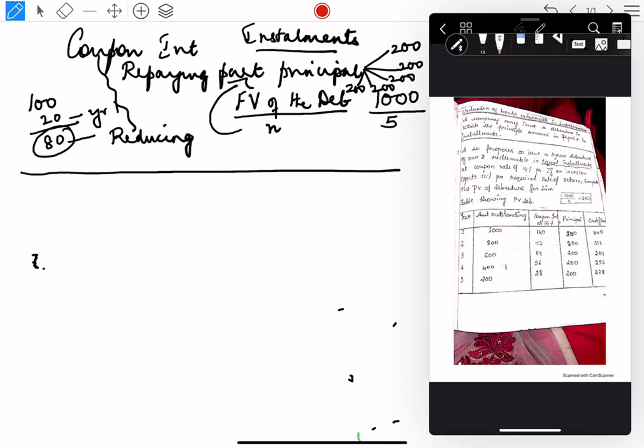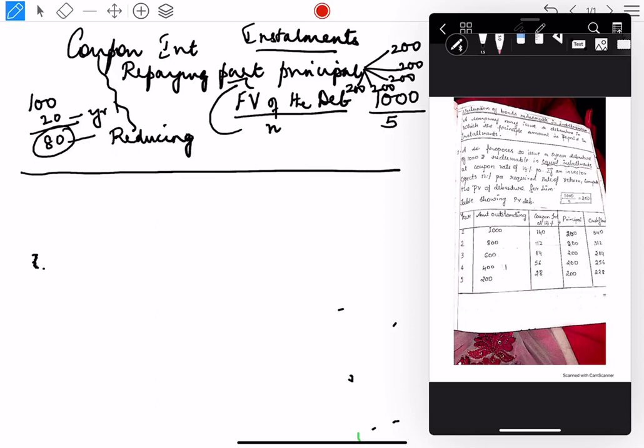So that would be 14% on 800. 14% on 800 would give you around 112. So 112 plus 200 would give you the cash flow of 312. Notice how the amounts in the second column and the amounts in the third column are reducing, because there is a part principal that is being paid off at the end of each year.